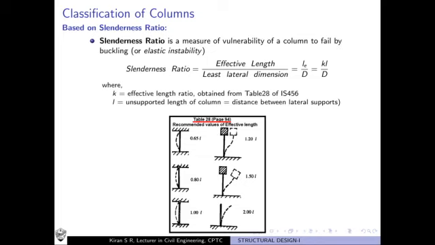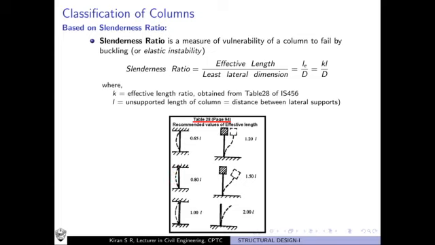As you see, let's take this as a column. When subjected to loads, we have said it may fail by crushing or it may fail by buckling. Buckling is the change in the configuration. As you see here, there is a bending of the column. This is exactly what we call buckling.